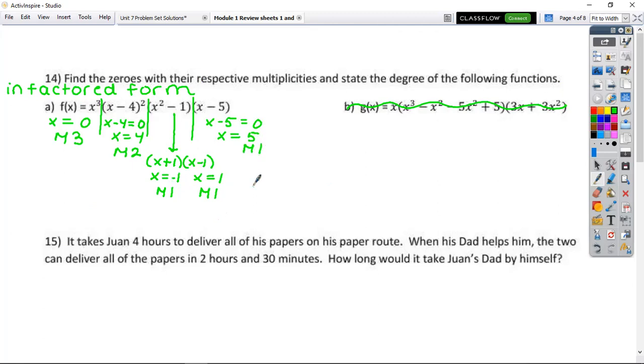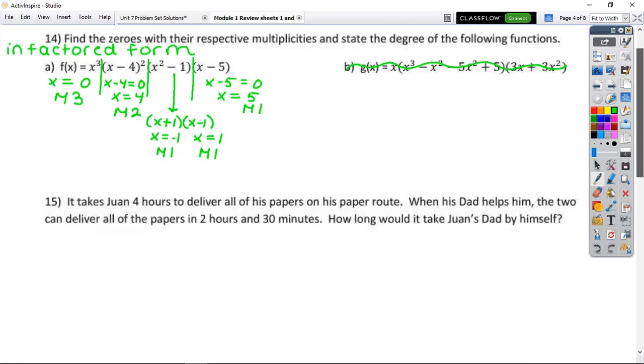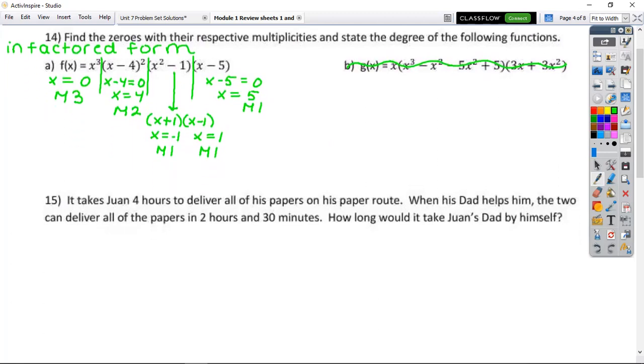The next thing I asked you is to state the degree of a polynomial. So the degree in this case is found by adding all of those multiplicities. So the degree, your procedure is to add the multiplicities.